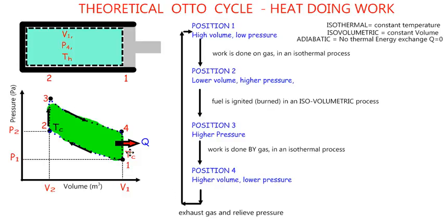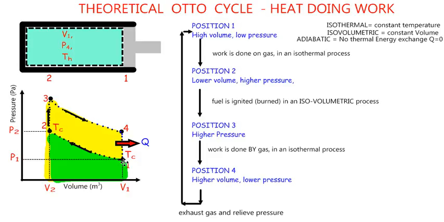The area here represents the actual work done by the whole cycle. The shaded area represents the work done in going from 3 to 4 across this volume change and pressure change. However, there's also work done in going from 1 to 2, and so it is the difference in the work done between 3 and 4 and 1 and 2 that is actually the net work given.